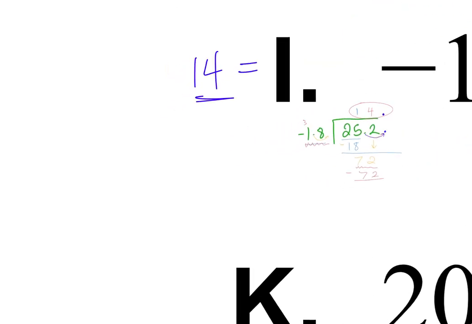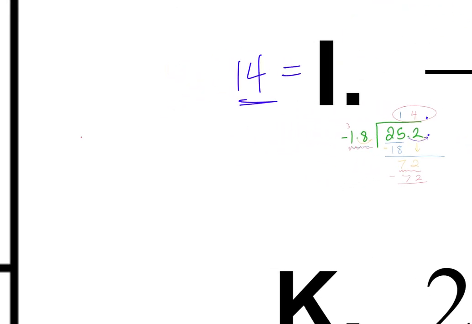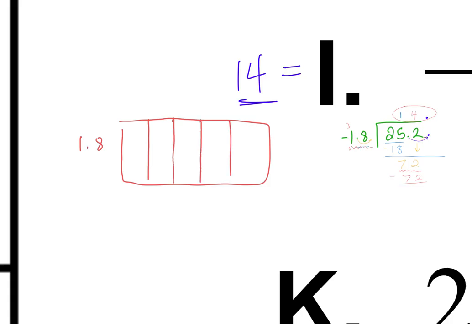If you want the box method, then here it is, 1.8. Here's your box. I'm not a native box divider, so I don't know if you want to draw the box huge or not. I just start there, and if you want zeros, you can fill them in. One thing I know is that you still have to move this over, so the decimal's here now.